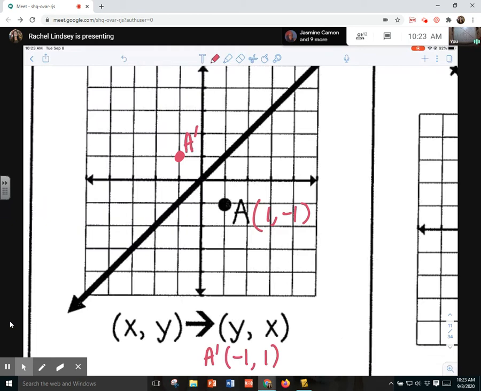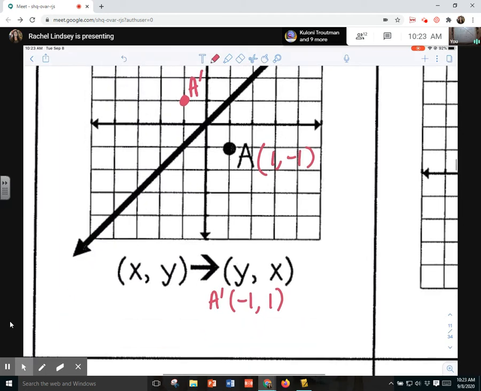So it's saying flip them, that's how you get the answer, but in the end, x is negative 1 and y is positive. Yes. Okay. So this is your new x, this is your new y. It's just telling you how it's switching. So this is your original, this is your image.